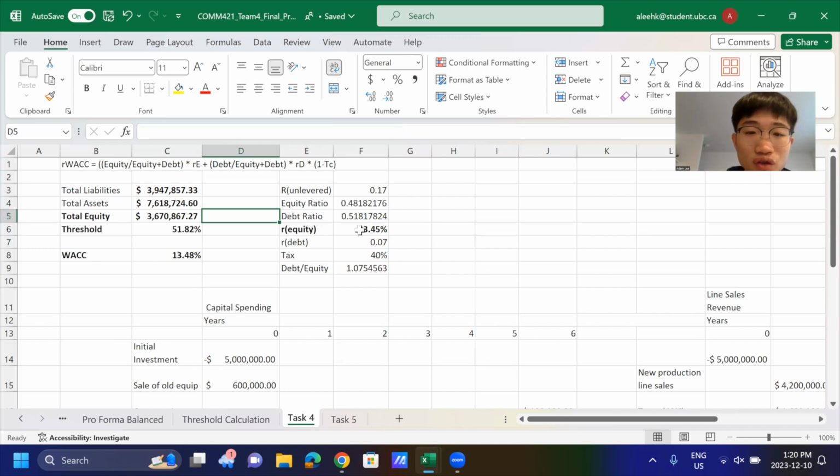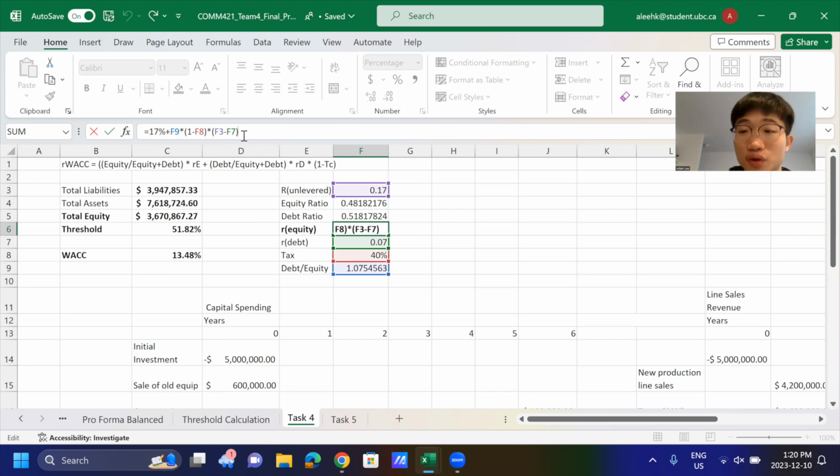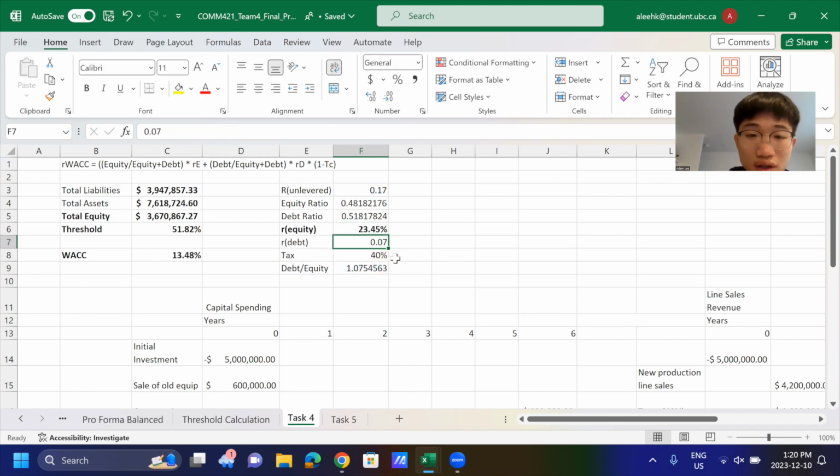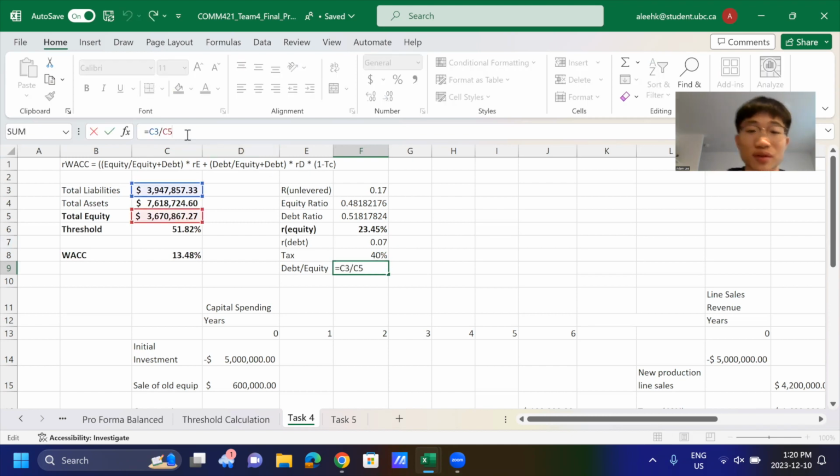And with that, we used the R of equity formula to calculate the R of equity, which we plugged in all the different figures, such as the unlevered rate of return, rate of debt, tax rate, and lastly, the debt over equity ratio, which is calculated by this: total liabilities over total equity.